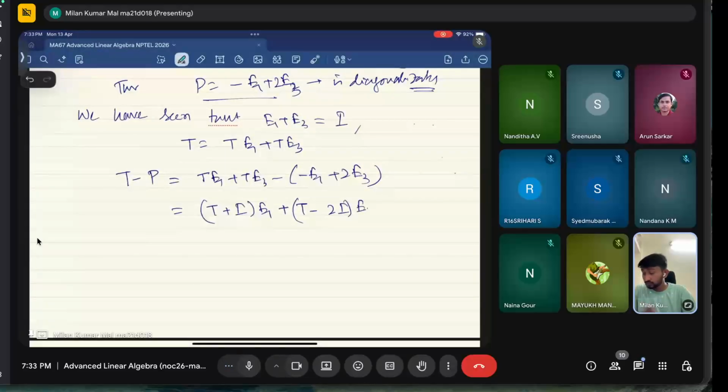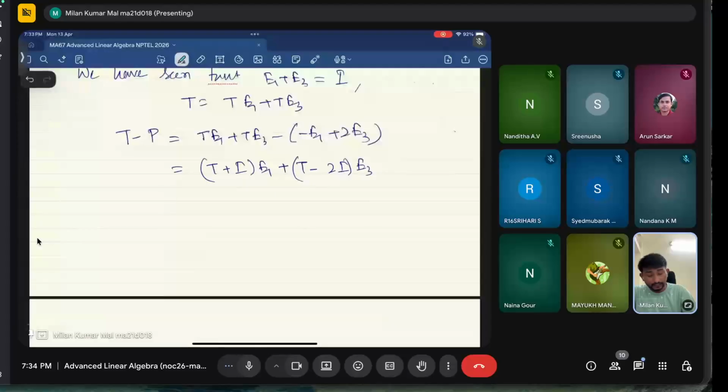Now we know that T is an operator which satisfies the property, recall that the minimal polynomial is actually x minus 2 squared and x plus 1.